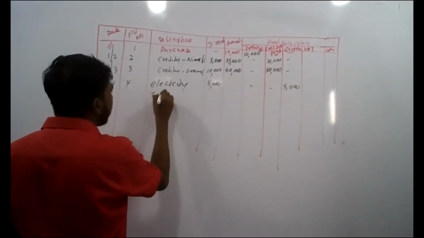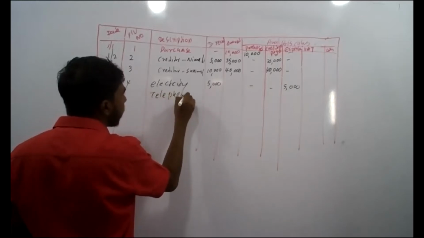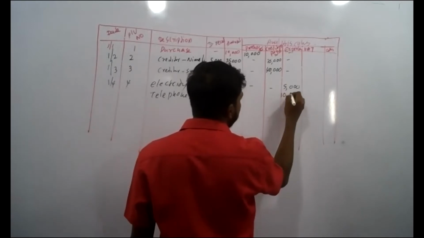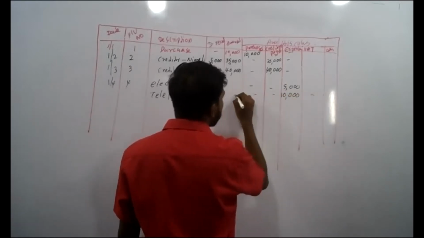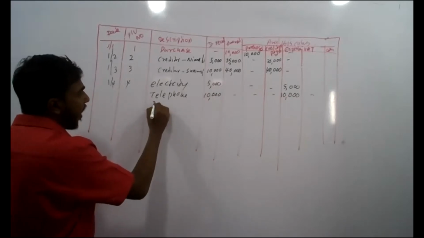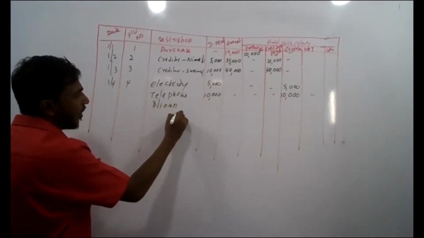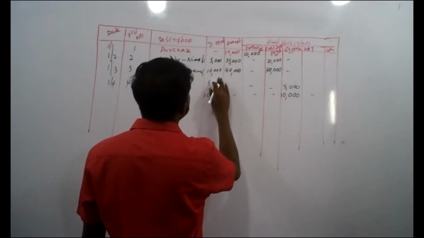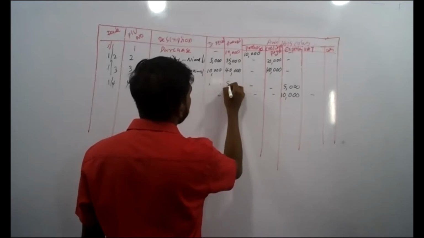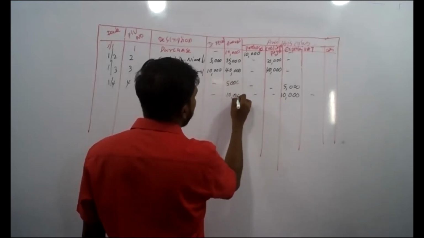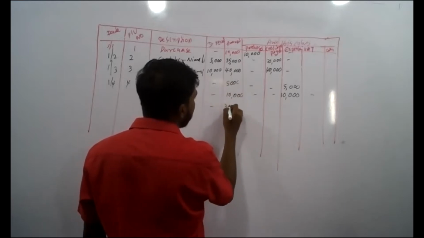Then we will say telephone 10,000. Again it's for the expenses. Clear? Then we'll say bank loan. You have done the repayment for the bank loan, 30,000.